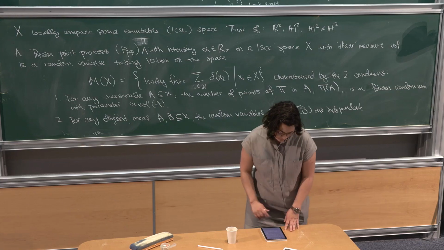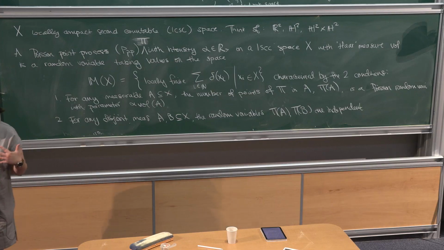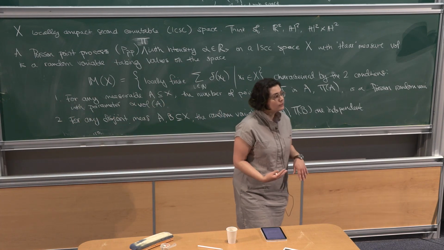So I said the informal definition is that a Poisson point process is a random scattering of points. It's really a maximally random scattering of points.